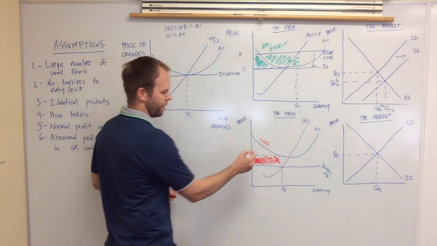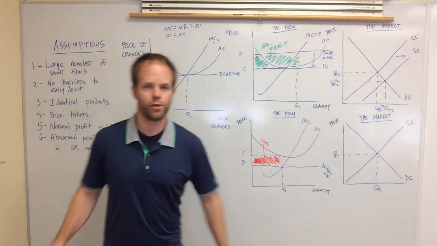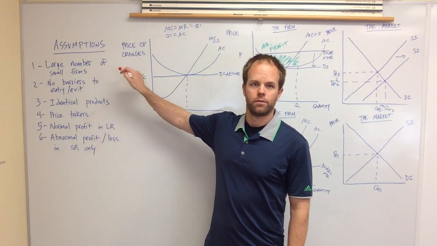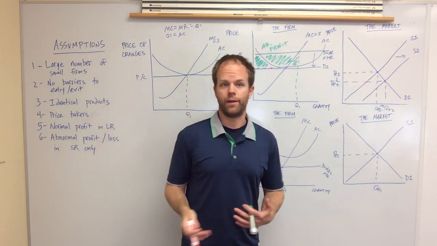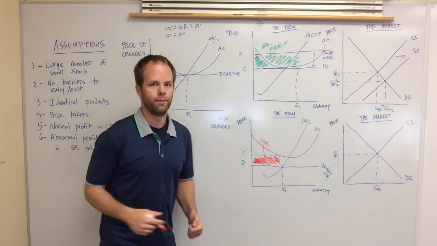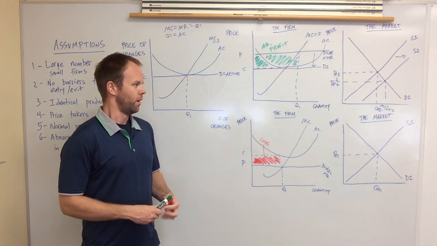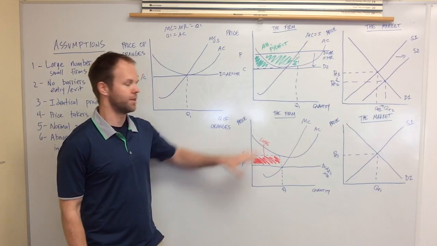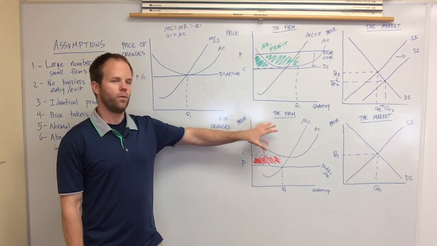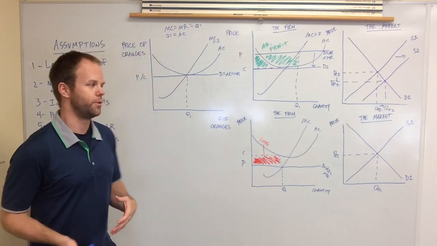So maybe they can stay in the market, right? But remember, what we're dealing with here usually is small firms, right? They typically don't have a lot of cash on hand to deal with setbacks like this. So what will happen is a lot of businesses that are experiencing this problem, they will drop out of the market, or they will maybe just temporarily stop producing.